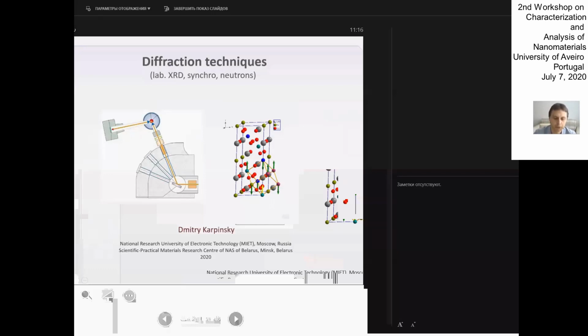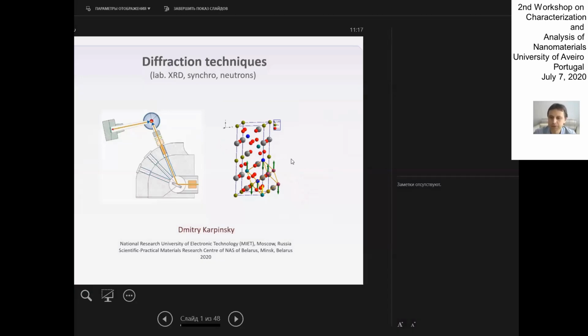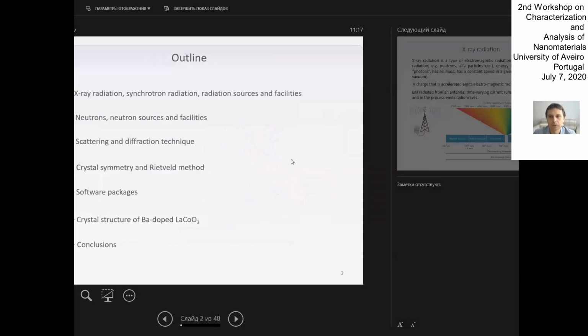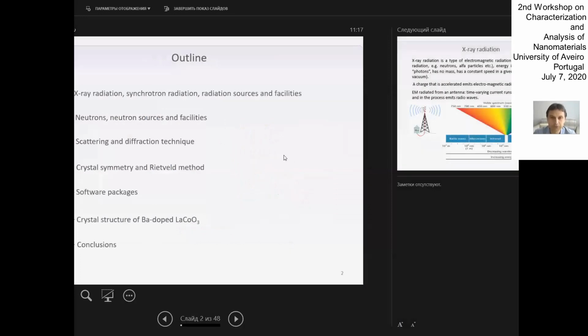full screen mode. So I will talk about diffraction techniques, and you will probably ask some questions. We will talk about what kind of radiation we can use: X-ray or synchrotron radiation, or neutron diffraction. We will speak about X-ray radiation, synchrotron radiation, and radiation sources, how to produce them.